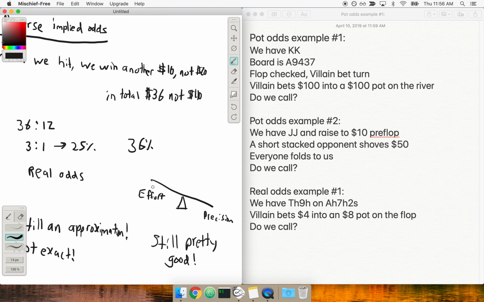Maybe this is not a good metaphor, but I think you get what I'm saying. If you take more time to calculate things exactly, you'll get a more precise answer. But you have to ask yourself, is that added precision worth the effort?